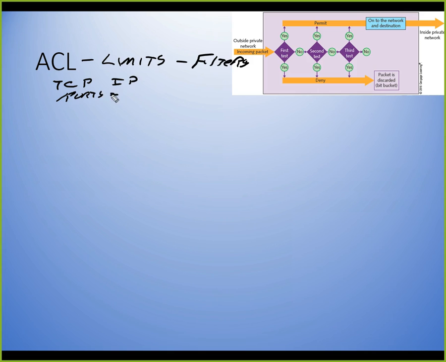Ports represent services, so what are we going to allow users to get to? IP: specific addresses or network subnets, portions of IP networks, we can either permit or deny. In an access control list, we can either permit or deny, and we have to say what we're going to do with these things.